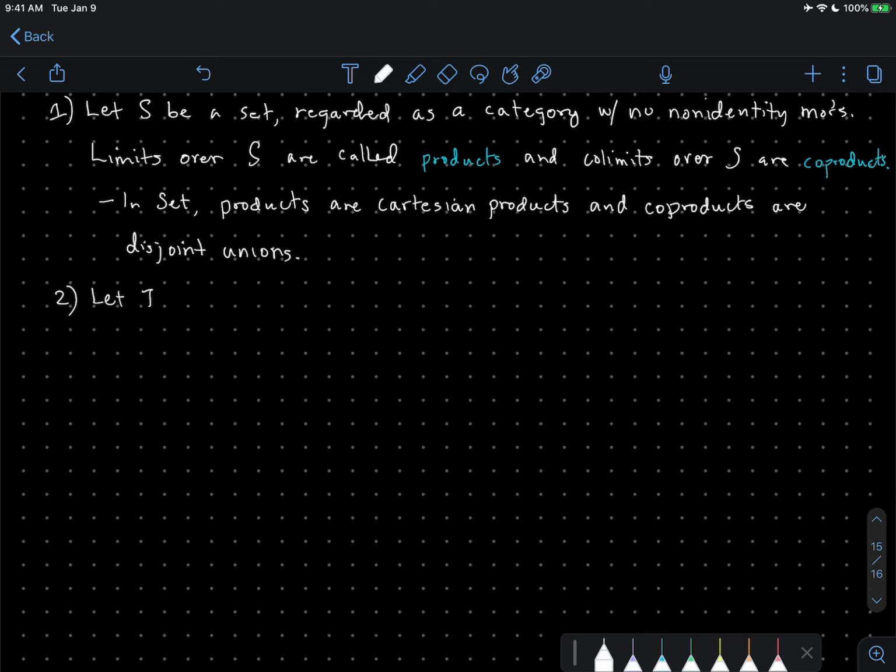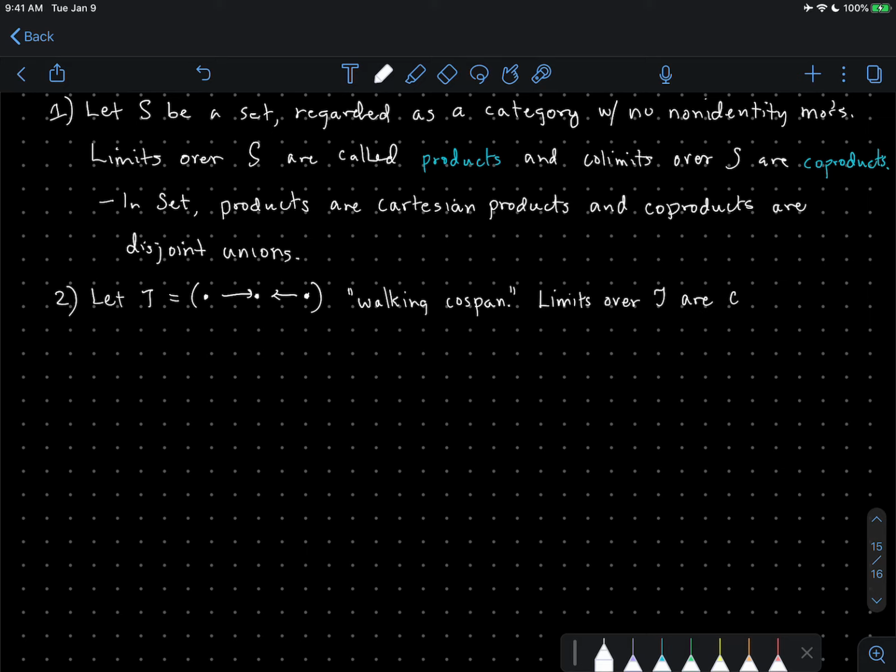Let's take I to be the category with 3 objects generated by morphisms like that. This is called the walking cospan. And limits over I are called pullbacks.